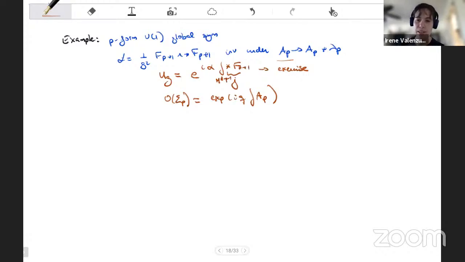Now, these global symmetries should be absent in quantum gravity, so we can either break them or gauge them. So how does this typically happen? Well, for example, we can break it by adding charged states. Why is that?